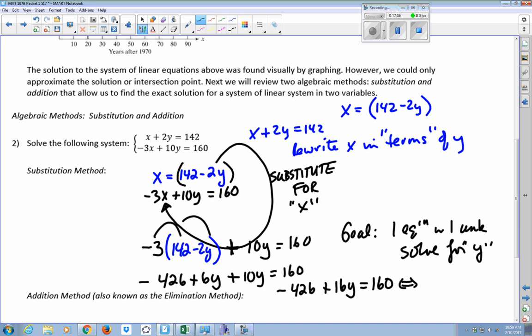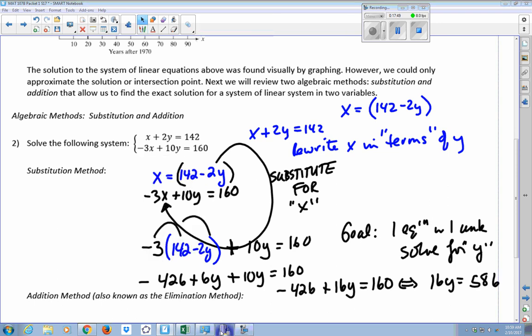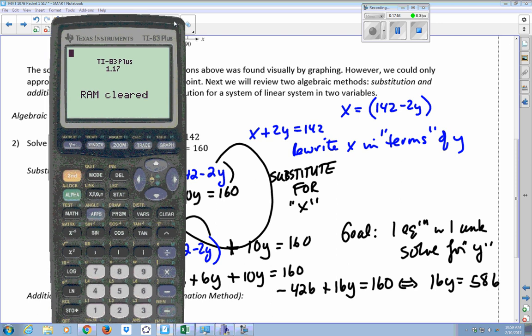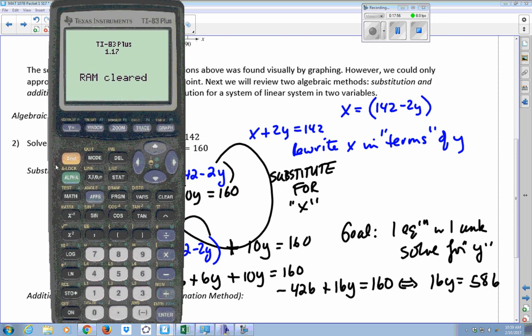And then we add 426 to both sides and we get 16y equals 586. And then we divide both sides by 16. And my handy dandy calculator says, let's see what it says here, 586 divided by 16 gives me 36.625. So y is 36.625.